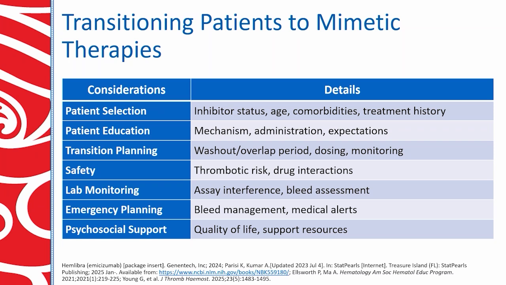And as we have a discussion around specific safety aspects here, treatment history is important. And what I really would like to emphasize is patient education. This is something where I took a lot of time to explain mechanisms of the new treatment, to talk about the route of administration, and also to talk about the expectations of patients here.